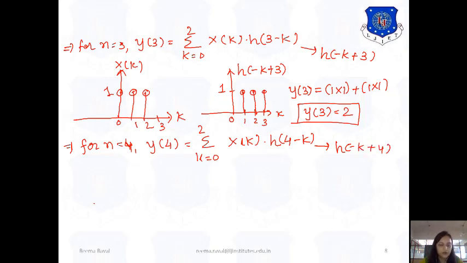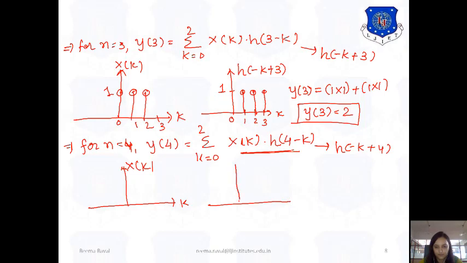Right? Again we are going to plot the sequences for that. Here we have to multiply x of k into h of 4 minus k, h of minus k plus 4.